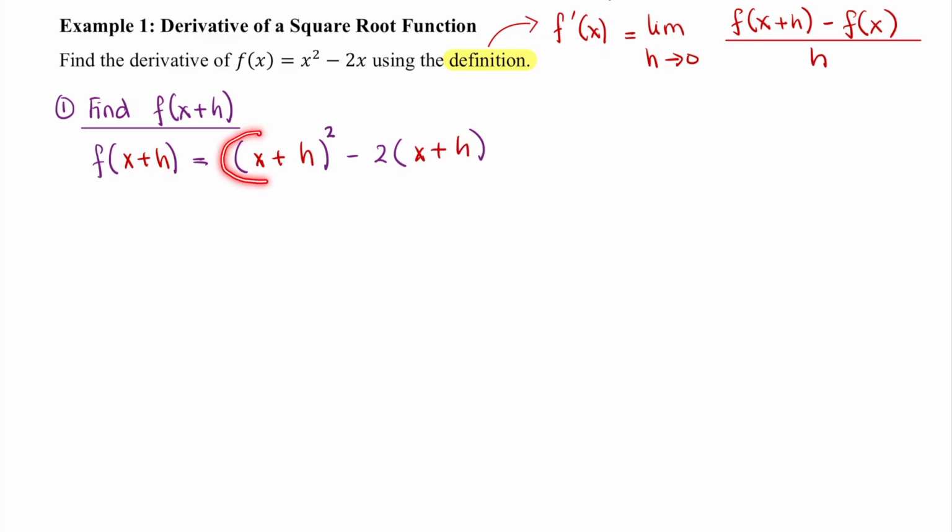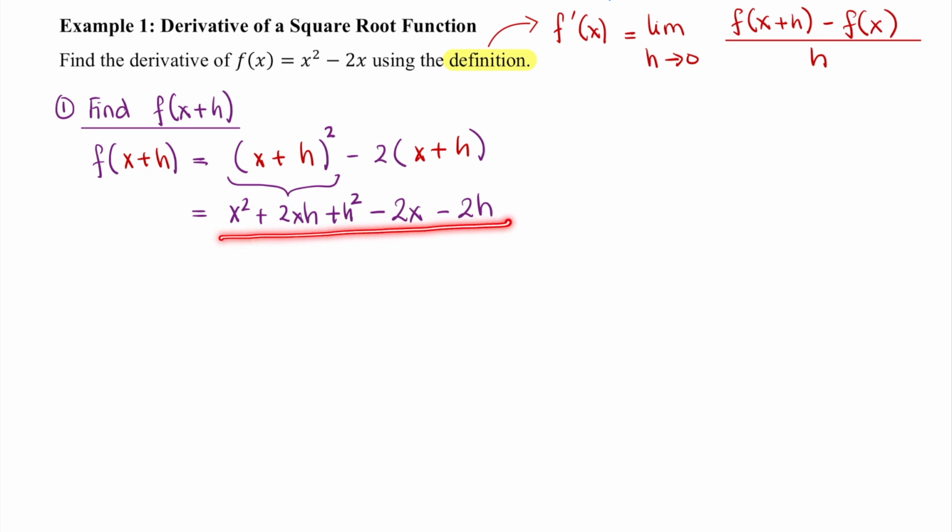x plus h squared is x squared plus 2xh plus h squared. Negative 2 multiplied by x plus h is negative 2x minus 2h. And there are no like terms in this expression, so we stop here. Now, let's plug into the definition.